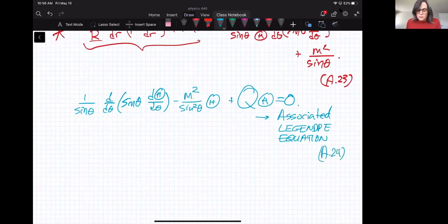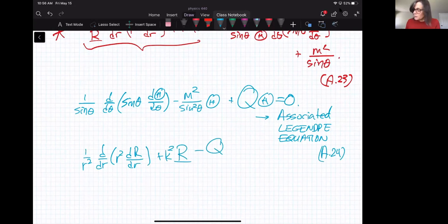On the other hand, 1 over r squared d dr, r squared dR dr plus k squared capital R minus, now that q, where we've just collected terms, times R over r squared is equal to 0.